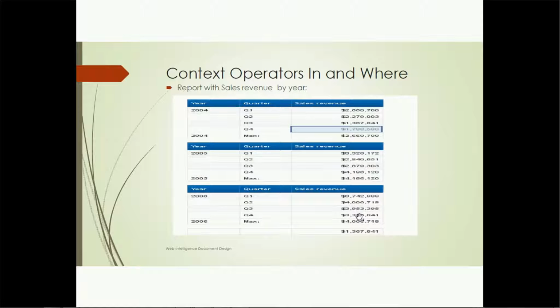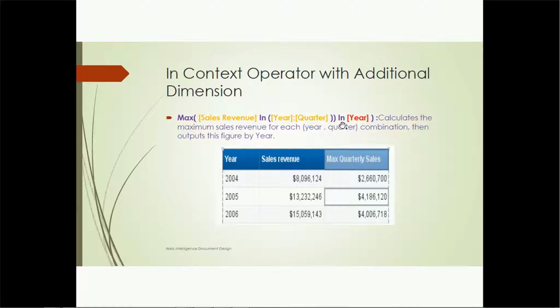So we can display the values using the In operator. It calculates the revenue based on year and quarter sales revenue, and outputs the data by year. This is max quarterly sales.